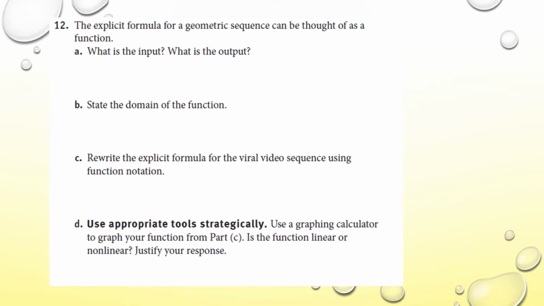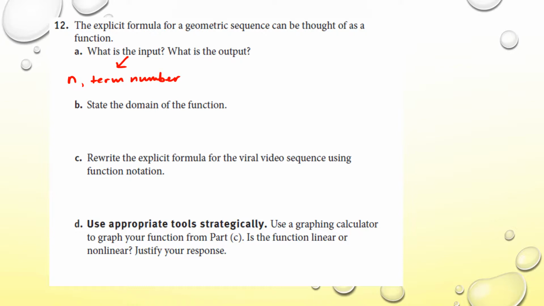So it might help you to think of explicit formulas as functions. The explicit formula for a geometric sequence can be thought of as a function. The input is n, and that is the term number.